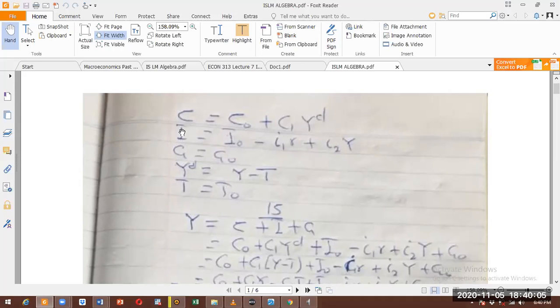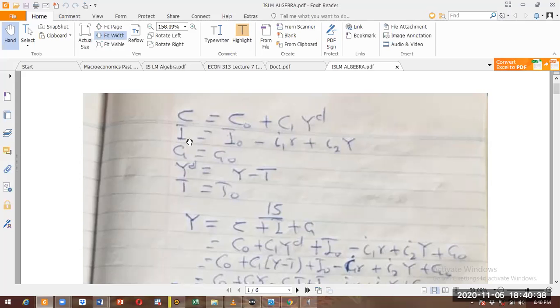And then investment. When we were doing the loanable funds market, and when we were treating the liquidity preference theory, the demand for money for the transactive and precautionary motive for holding money, we saw that in the loanable funds market, investment was negatively dependent on the interest rate.